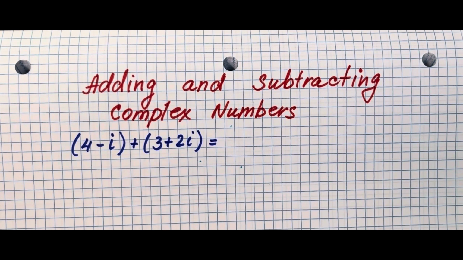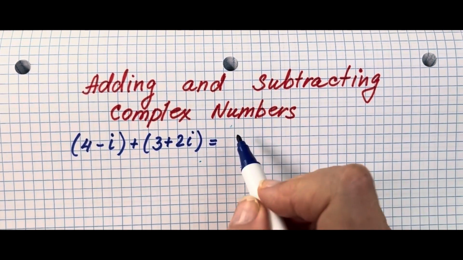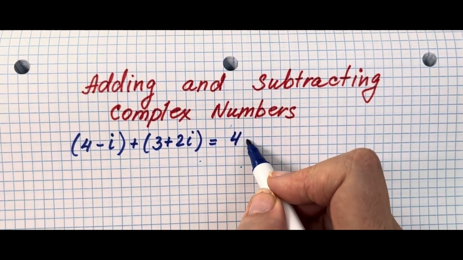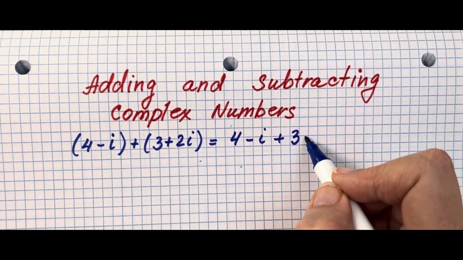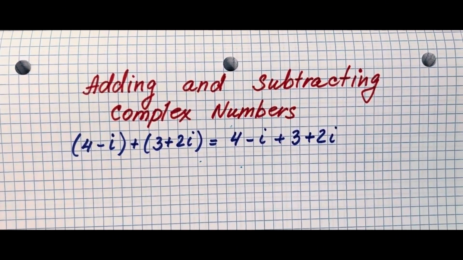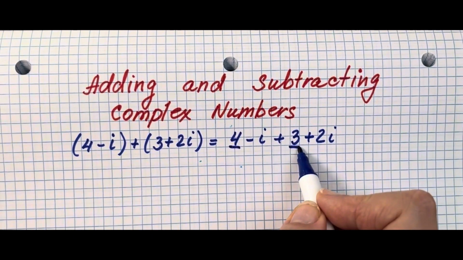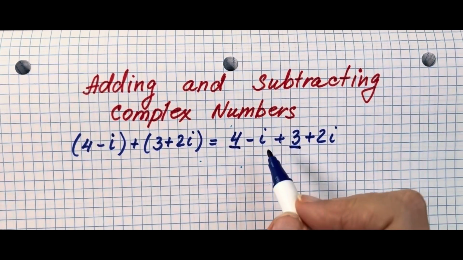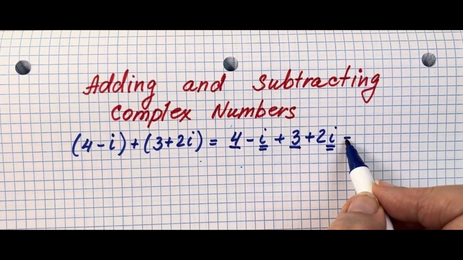Well, first of all, we can open parentheses: 4 minus i plus 3 plus 2i. And the next step is very simple. It's like combining like terms. So we're going to combine real parts and we're going to combine together imaginary parts.